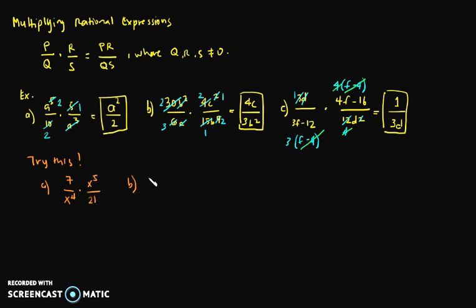Then for letter B, you have a plus 4 over a squared plus 7a plus 10 multiplied by a squared plus 6a plus 5 all over a squared plus 5a plus 4. You can pause this video and have an attempt to solve these questions.